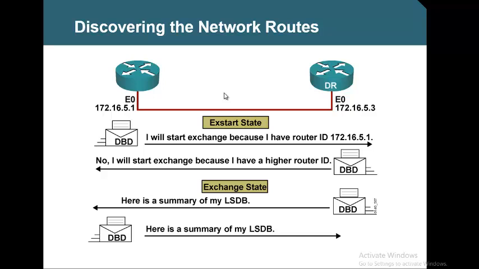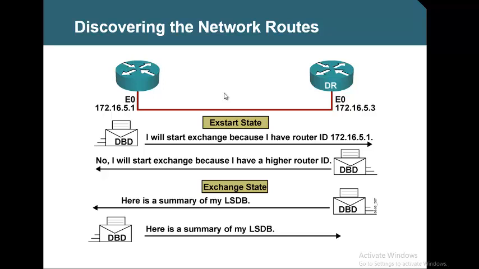Actually, first the DR will advertise, and then all the others will also advertise the DBD to the DR. That is how the DR will have a full relationship with the others.